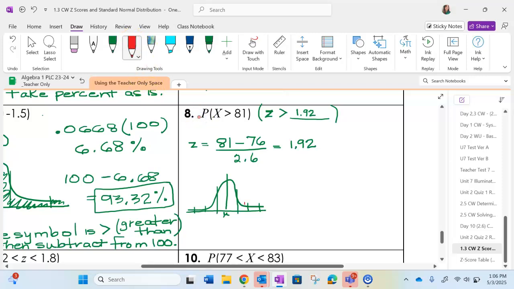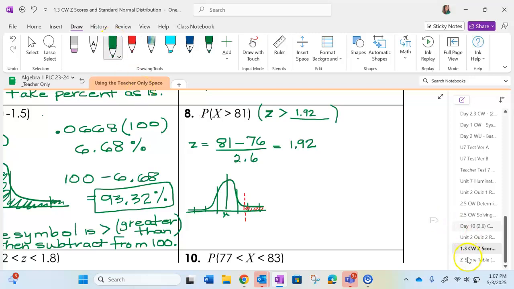It's almost here at 1.92. And it says greater than, so I'm shading everything above it. Now remember, when you go locate your z-score on the z-score table, it is everything below it. So we're going to have to make an adjustment here.